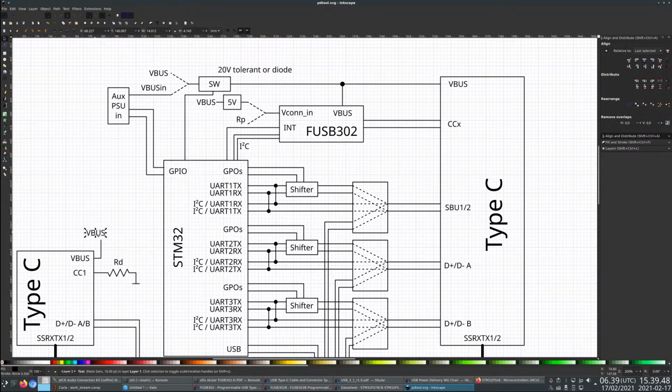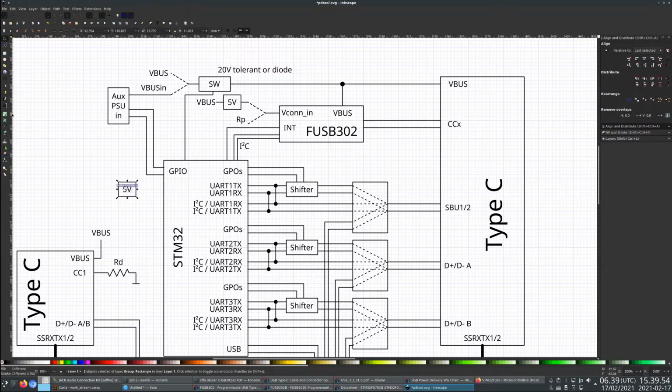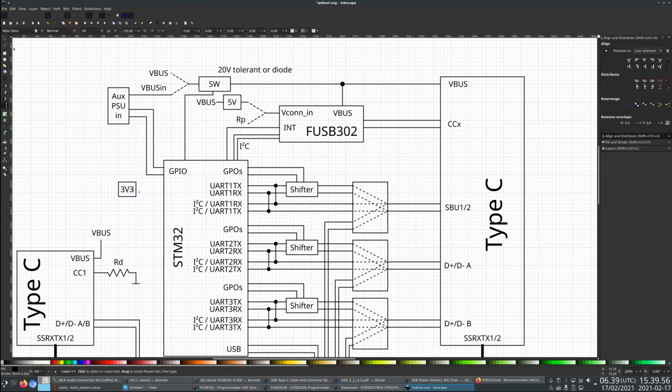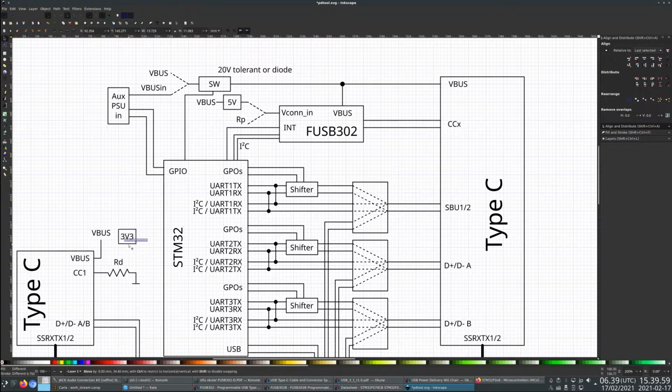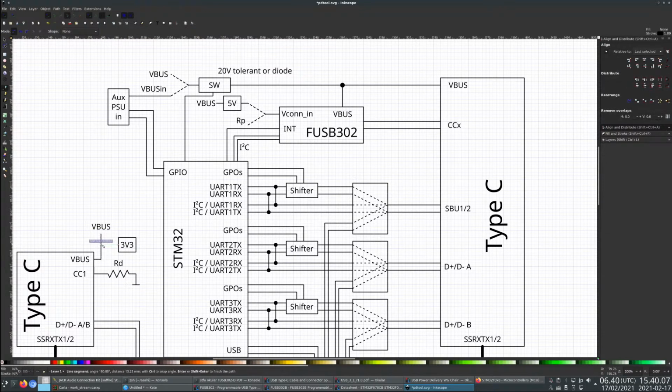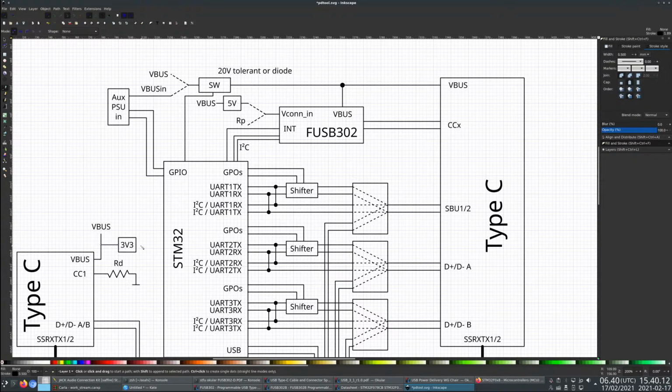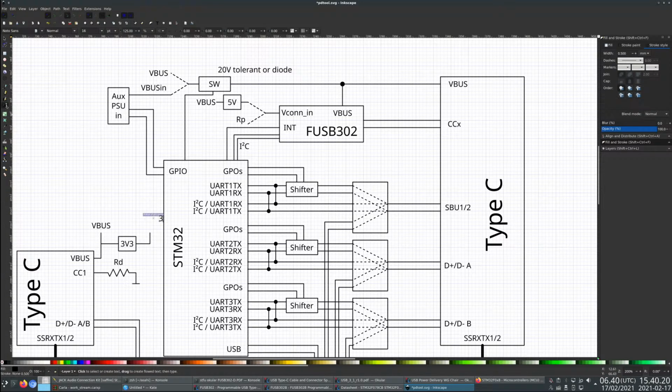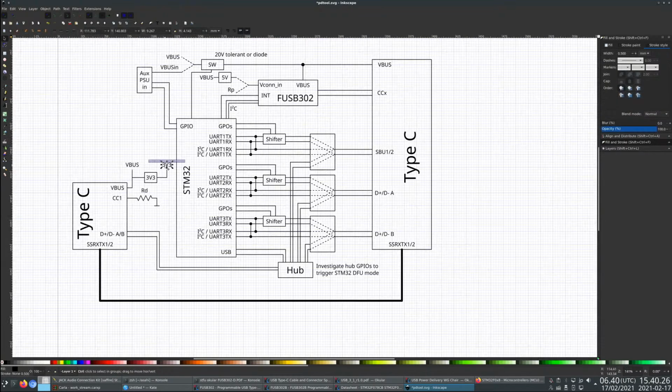And then, of course, the actual power supply for the board is going to be 3.3 volt. I think that makes sense.